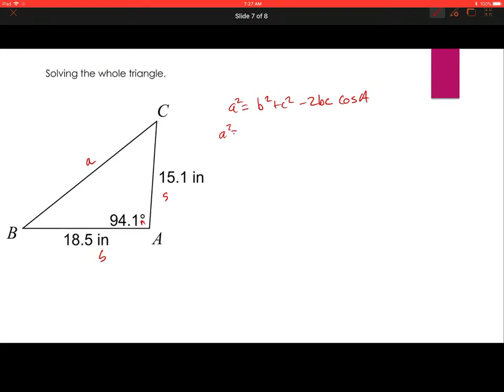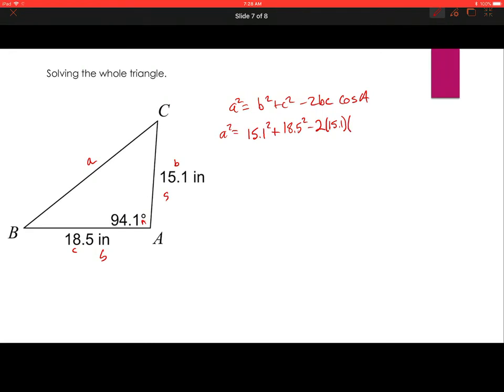So a squared is then equal to, this would be little b over here, and this is little c, so b squared is 15.1 squared plus 18.5 squared minus 2 times 15.1 times 18.5 times the cosine of angle A, the cosine of 94.1 degrees.